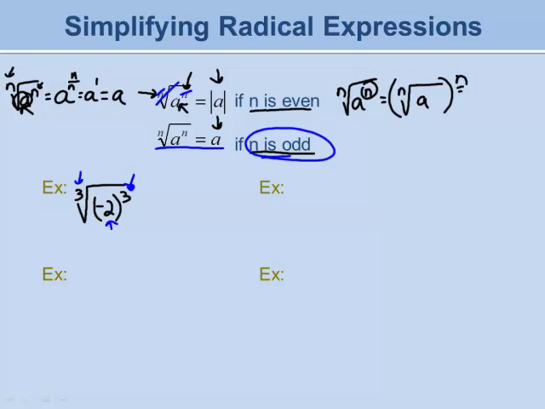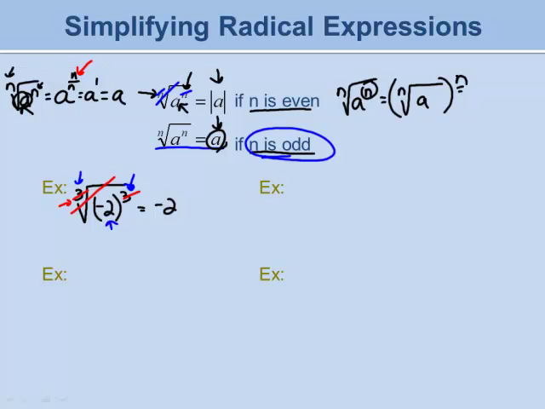Remember that if the power and the index match, they're going to cancel because of this: anything divided by itself is 1. And if you're getting rid of your index here, this radical sign has no meaning, so it's also gone. And so this says our answer is whatever our a value originally was, which is -2.